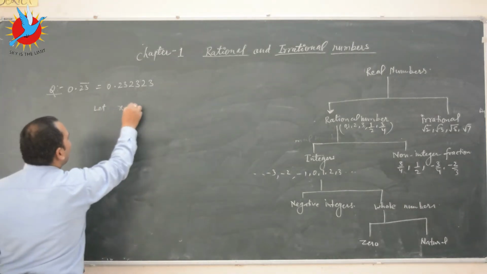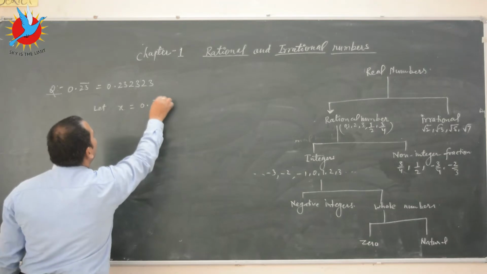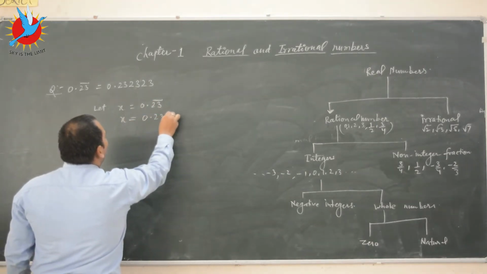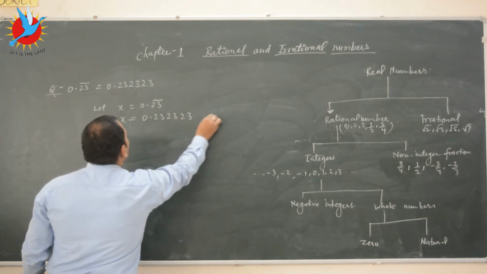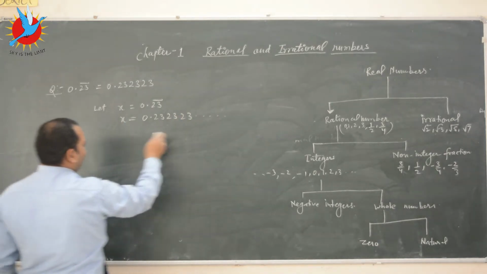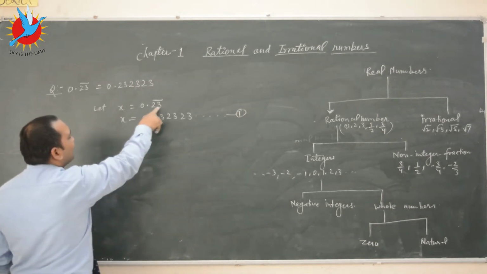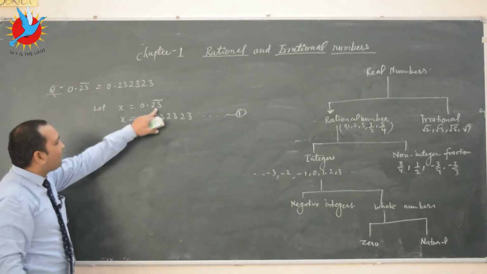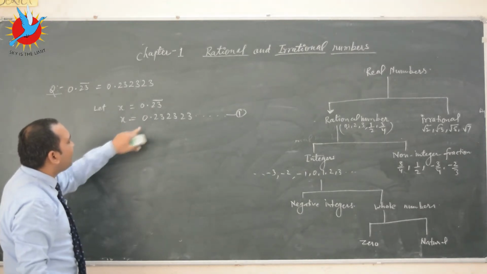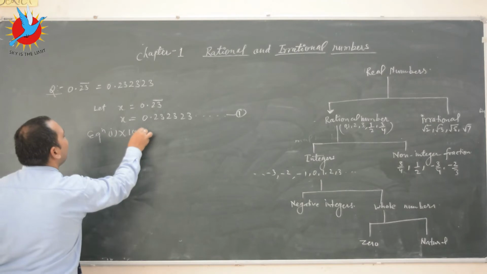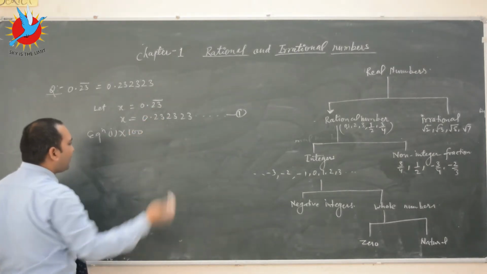So let x be equal to 0.23 bar, that is x equal to 0.232323 and so on. This is equation first. Two digits repeat, that's why we multiply equation first by 100, because two digits are repeating continuously.